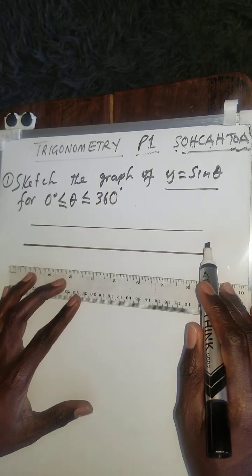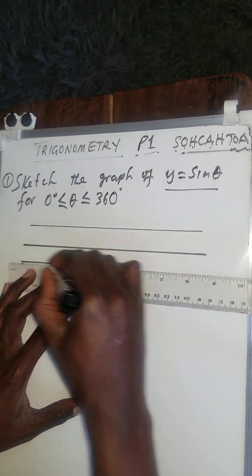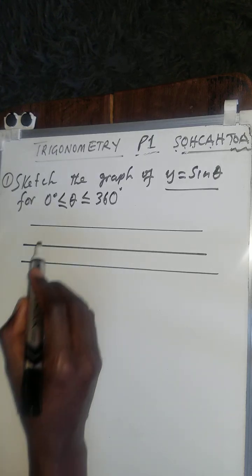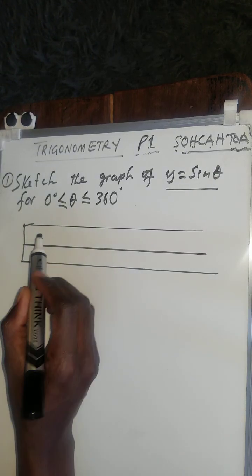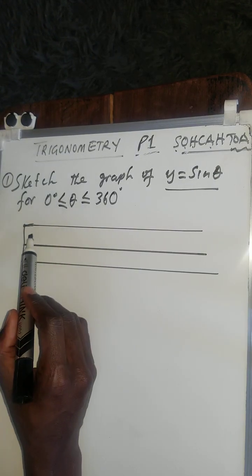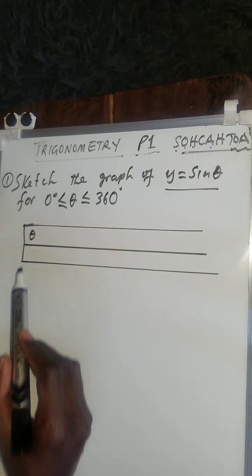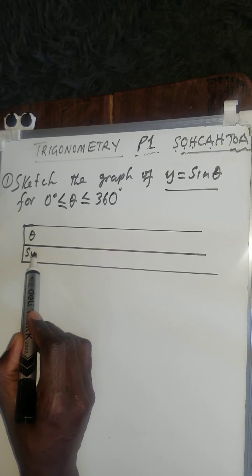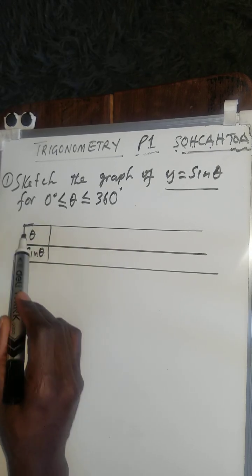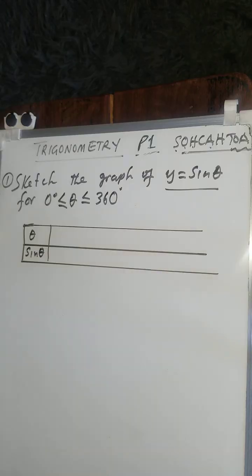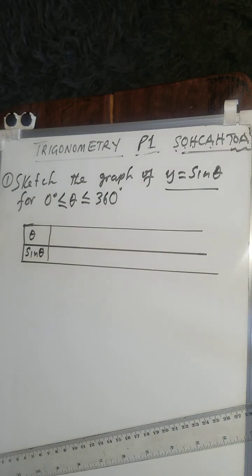And when we create a table nicely, even in the exam, you can draw that. So there we can have theta, then there we can have sine theta. There's no problem. You are going to be using a calculator. So if you have a calculator, please go with me so that you are able to see how you can go about that.